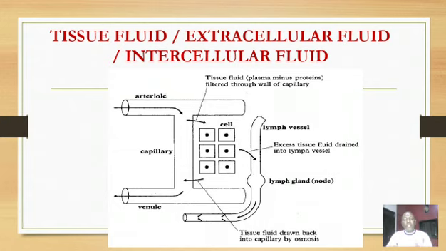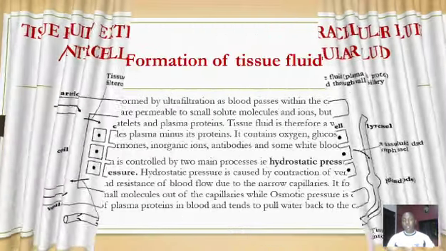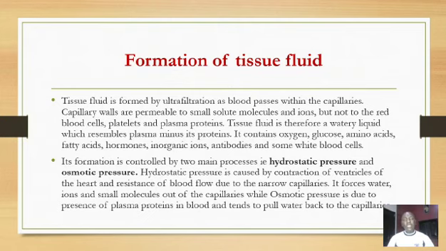It is a pressure that tends to pull back water molecules from the tissue fluid back to the blood within the capillaries. Therefore, in formation of the intercellular fluid or tissue fluid, two forces are important: one, hydrostatic pressure, and two, osmotic pressure.